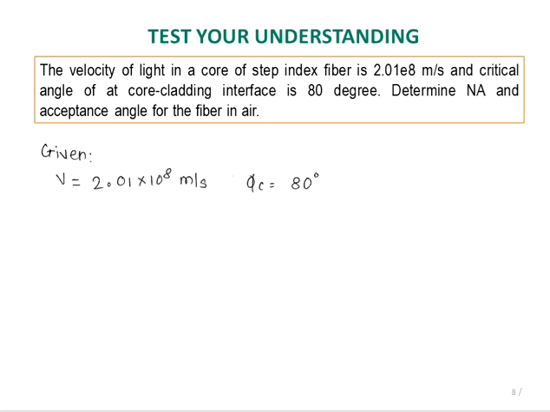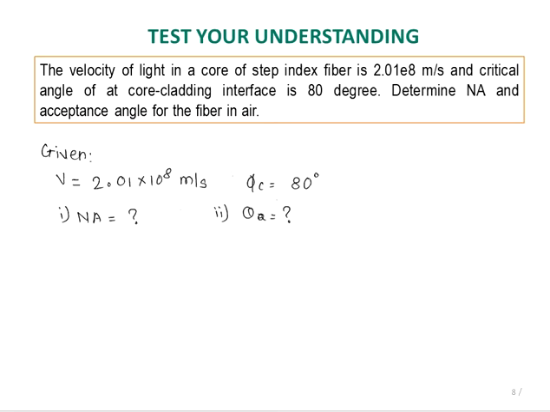The velocity of light in the medium is always denoted by v, not c. c refers to the velocity of light in vacuum. So v is given and the critical angle phi c is given. We need to find the numerical aperture and theta A, that is the acceptance angle.